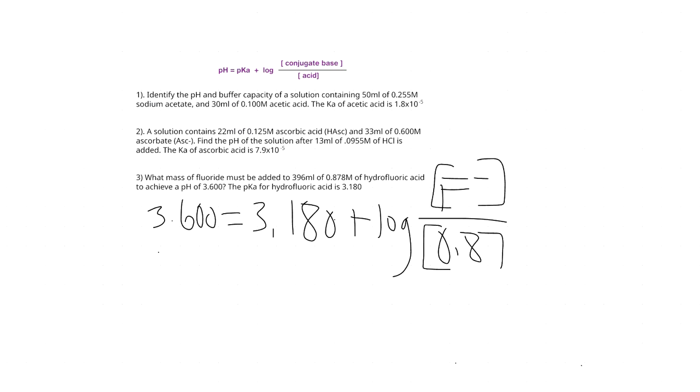0.878 M. So basically, here's a little tip. Whatever you punch into this log here is what you'll get out. In this case, I put in molarity, so that's what this F minus is going to come out as, right? If we put in moles, like if we multiply 396 milliliters by 0.878 molarity, we'll get out moles. This is the more correct way, I would say, to do it.